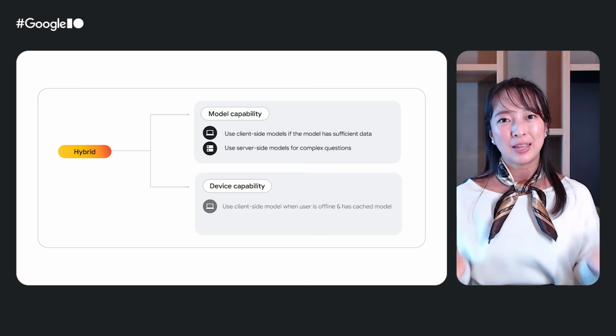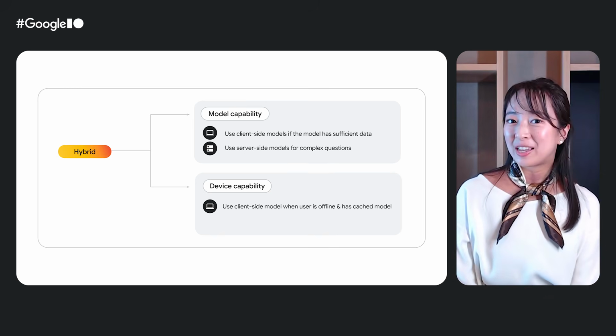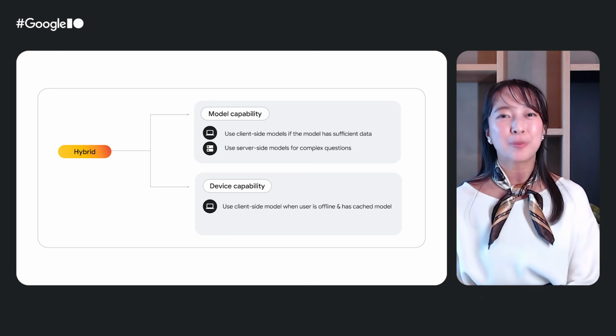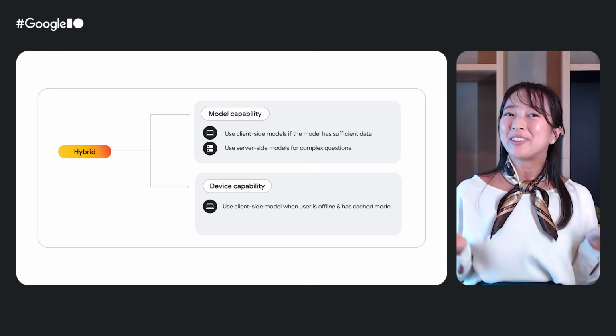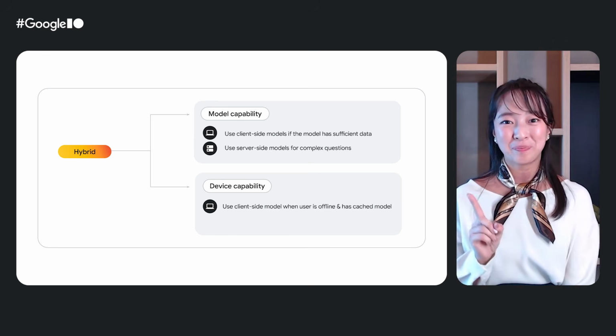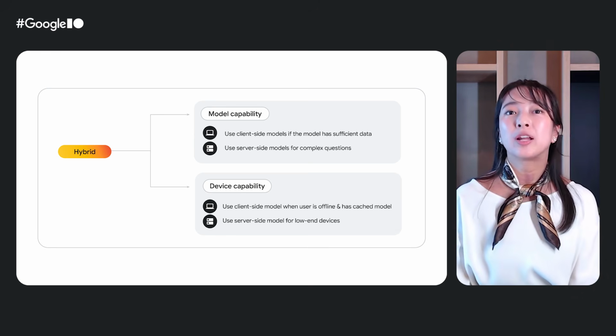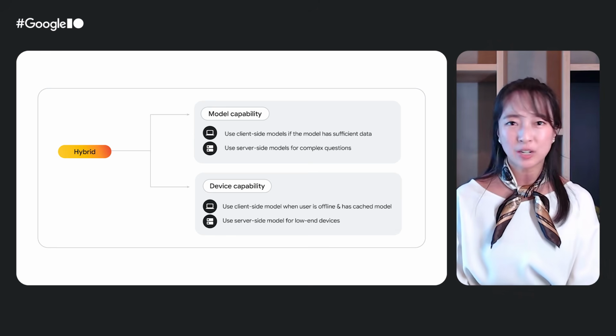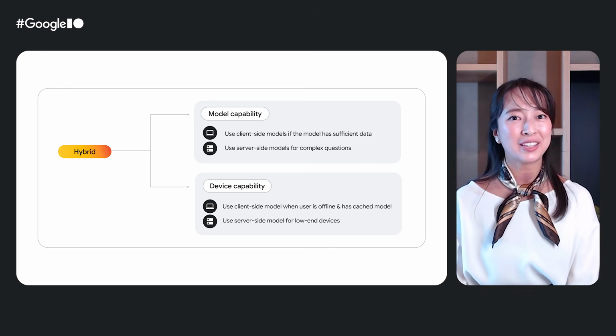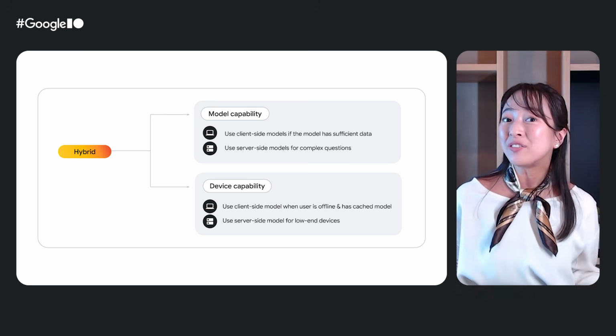For example, if the user is offline but has a cached model on the browser, run AI on the client side. Or if the user is on a low-end device which cannot run any AI on the client side, then fall back to the server side. Later in the talk, we will show how real-world websites utilize hybrid approaches to make AI inference more efficient, so stay tuned.